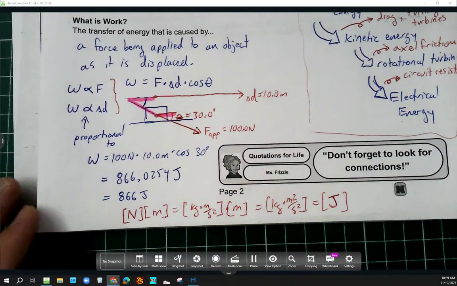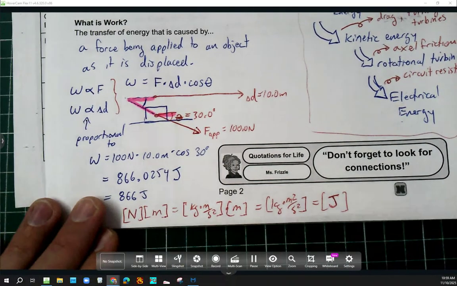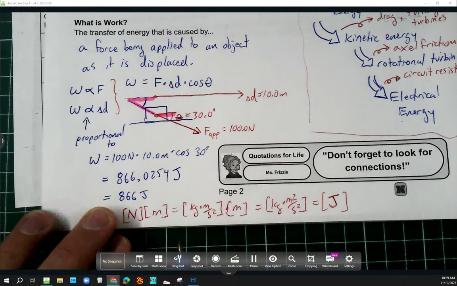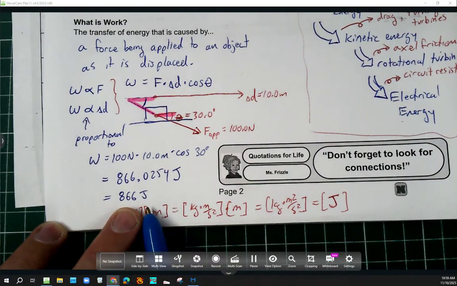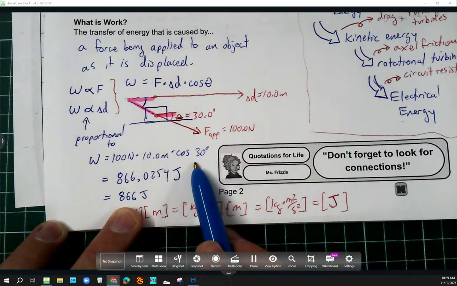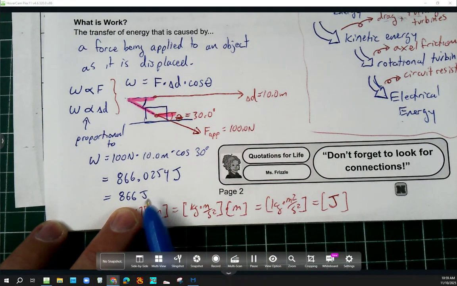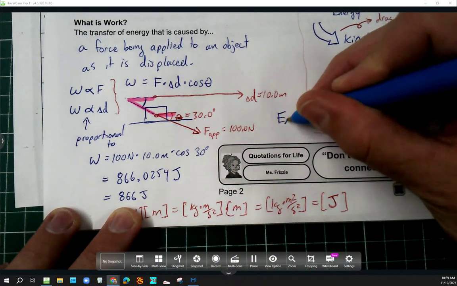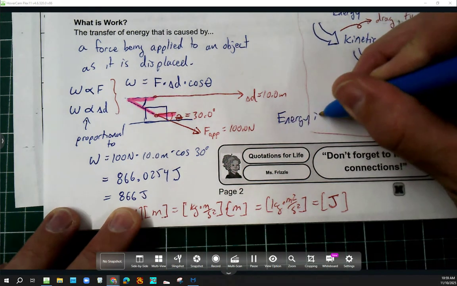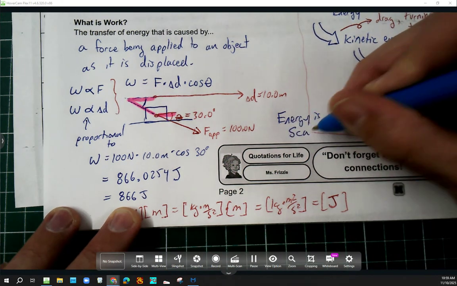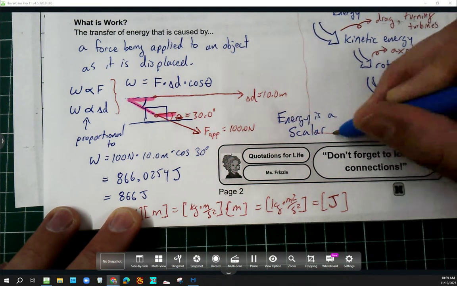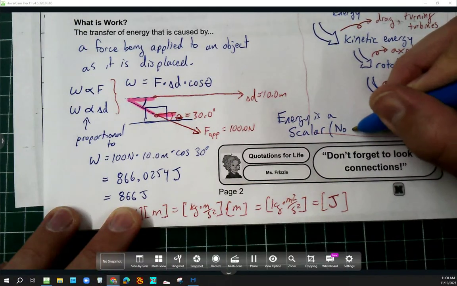Now, one thing that I want to throw in here is, notice that I didn't say that there's a direction. Each of these two values had a direction relative to each other, but energy itself, energy is a scalar. No direction. Huzzah, finally.